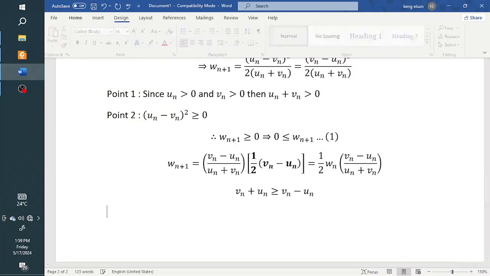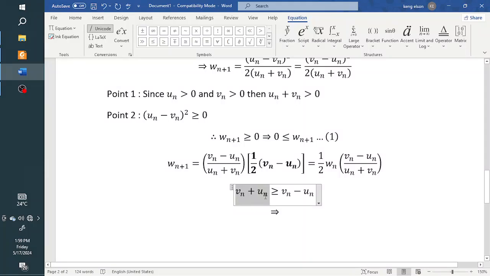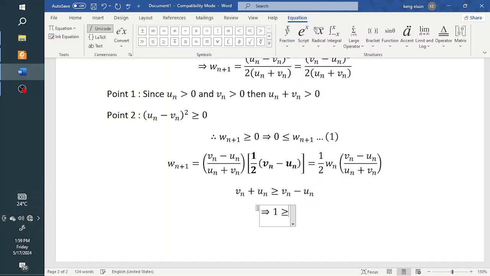So this means that I can divide both sides by un plus vn. When I'm dividing both sides, I'm going to have here 1 greater than or equal to vn minus un divided by vn plus un.